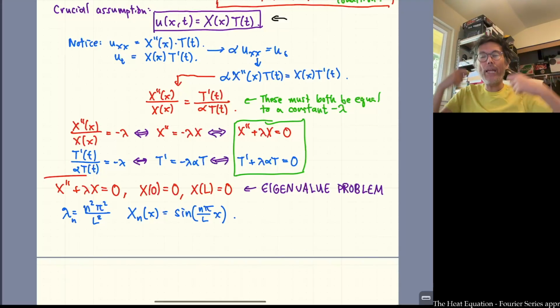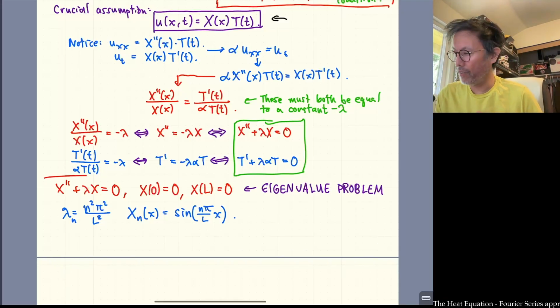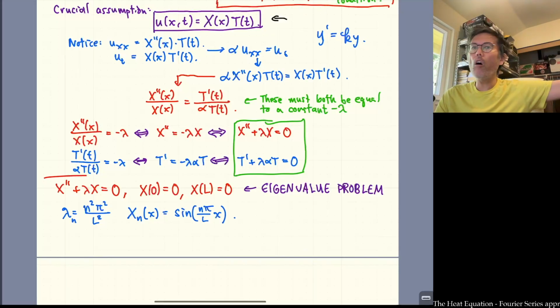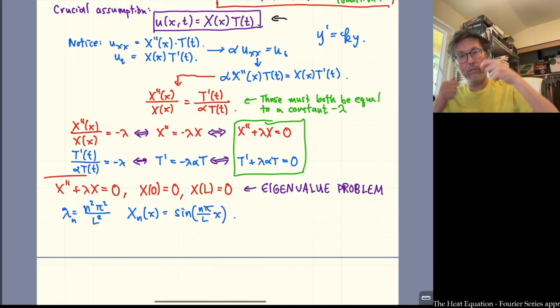That should ping some ideas of thinking about equations like y prime equals ky, going all the way back to the first weeks of the semester. This represented either exponential growth or exponential decay, depending on the sign of k. But in particular, the solution to this would be something like e to the kt.